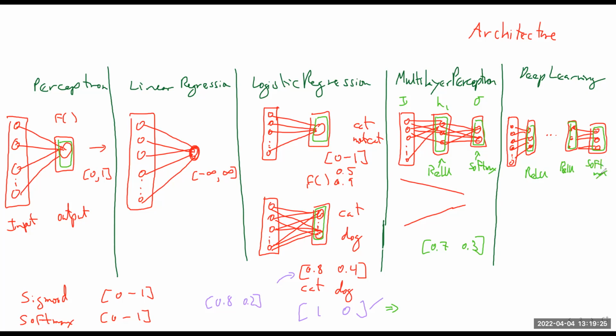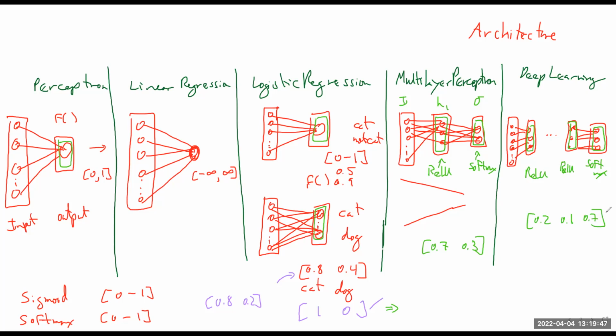Got it? And then the result is still the same: 0.4, 0.6, add up to 1. Oh, this is actually 3, so let me be consistent here. So it would be 0.2, 0.1, 0.7.